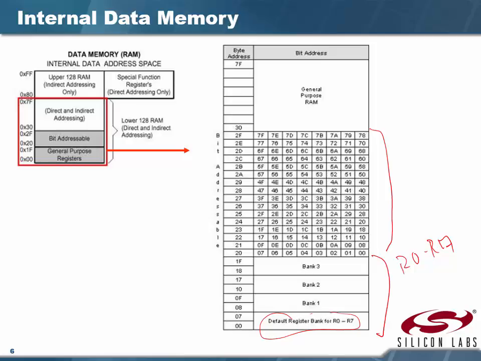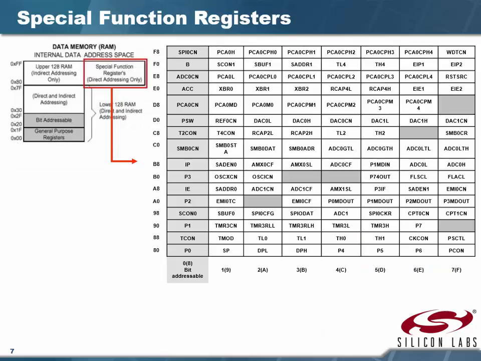The advantage of addressing individual bits is if we want to keep track of, say, whether an array is full or a tank is full, and we just want a 1 or 0. Then we have another group here that is just general purpose RAM. So those are our lower 128, and we can use those however we want. They're not defined for anything.